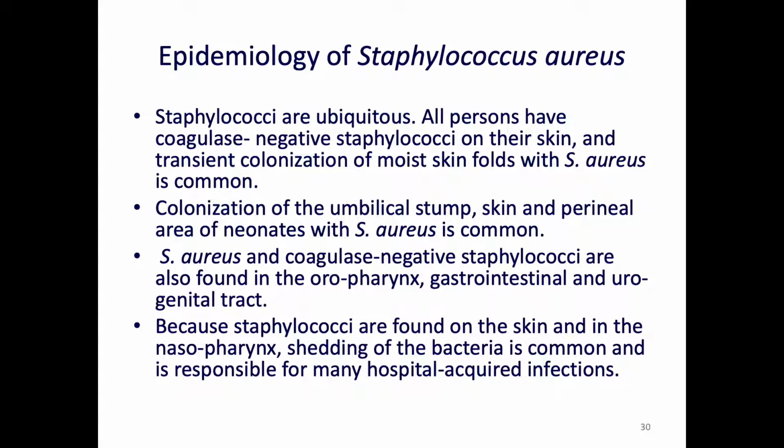Colonization of the umbilical stump, skin, and perineal area of neonates with Staphylococcus aureus is also common. Staphylococcus aureus and coagulase-negative staphylococci are found in the oropharynx, in the gastrointestinal and urogenital tracts.